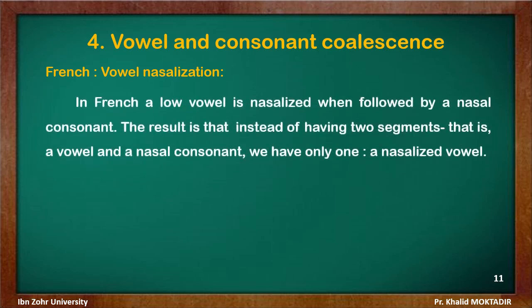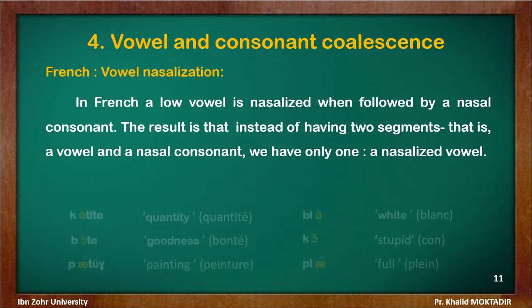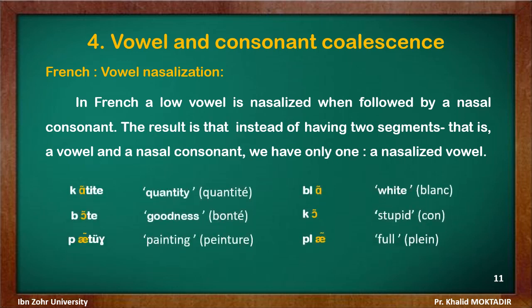In French, a low vowel is nasalized when followed by a nasal consonant. So the result is that instead of having two segments, that is a vowel and a nasal consonant, we end up having only one, a nasalized vowel. Look at the examples.